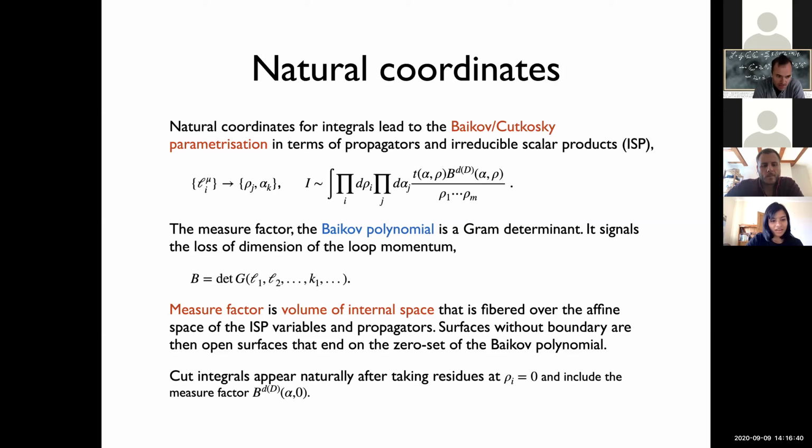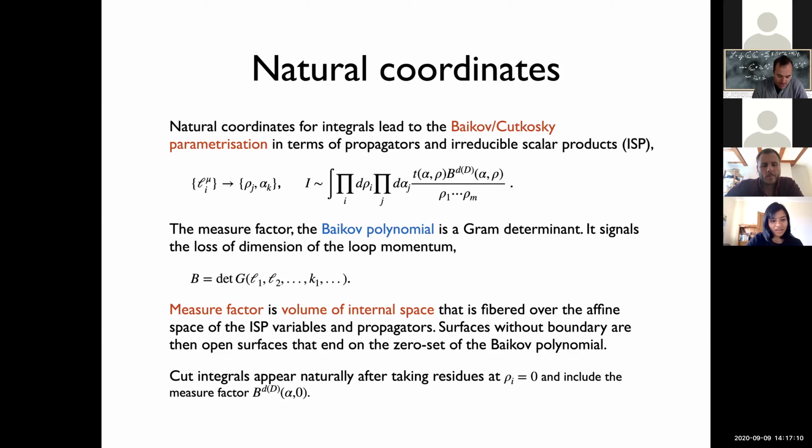vanishes at well-known locations. If you look at the defining equation for B, whenever the loop momenta are turned to lie in a plane, or whenever their dependency degenerates to lie in a subspace not the maximal space they could point to, then this determinant will vanish.